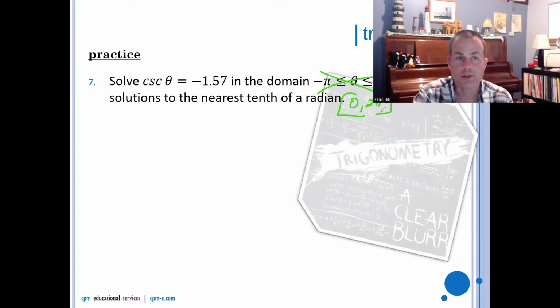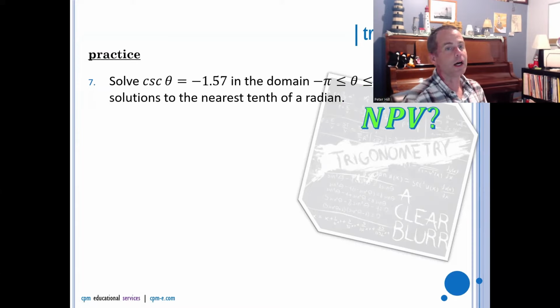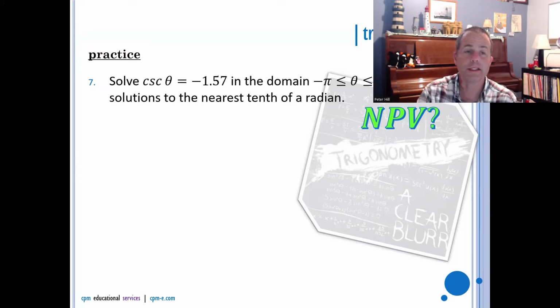So if I do that, looking at cosecant, cosecant is the flipped version of sine. So instead of writing cosecant theta, I'm just going to change this to sine theta. I can do that as long as I flip the ratio, okay? Because we're dealing with cosecant as well, we want to talk about NPVs. I know that this is 1 over sine, and if it's 1 over sine theta, that means sine theta can't be 0.